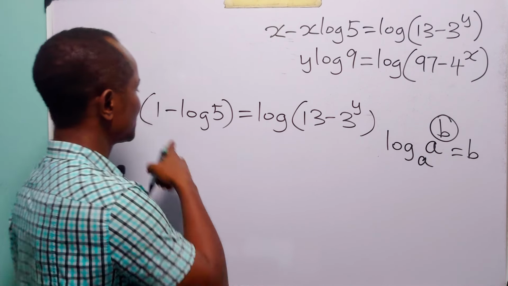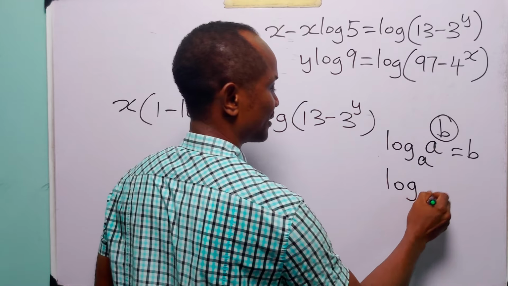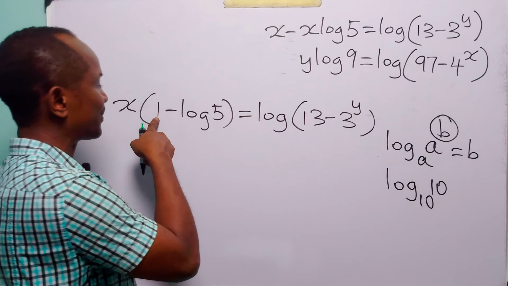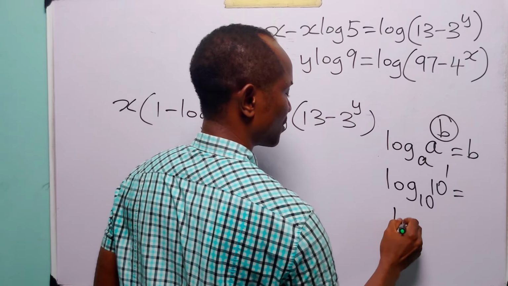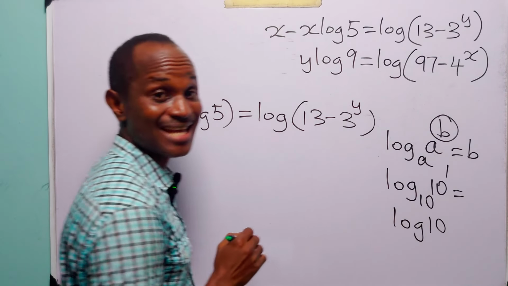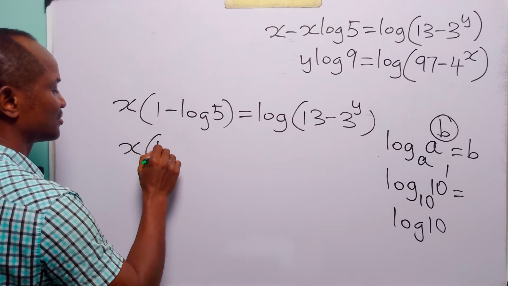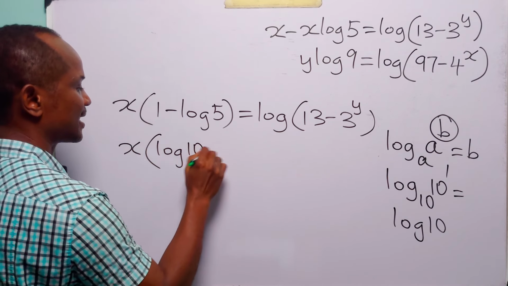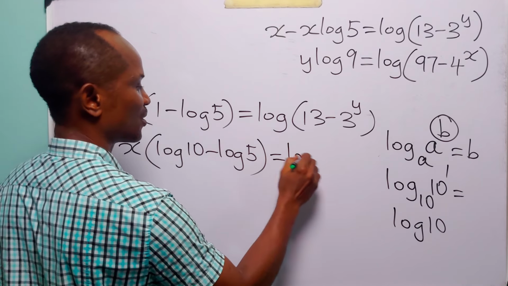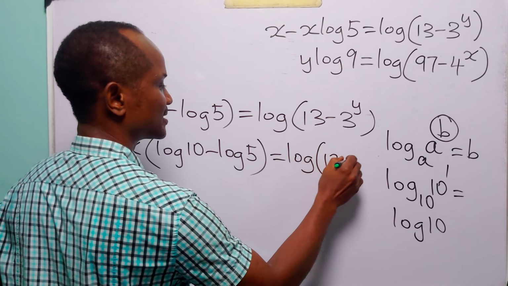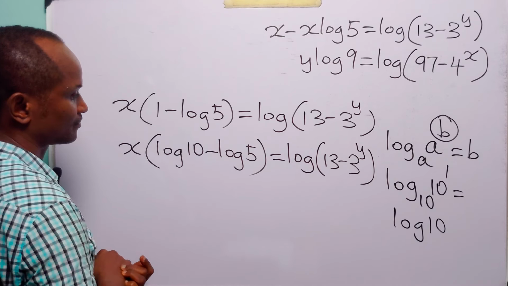So that means that we can write this one as log to base 10 of 10 to the power 1. And of course, this is simply equal to log 10. So here we have x into log 10 minus log 5. And this is equal to log 13 minus 3 to the power y.